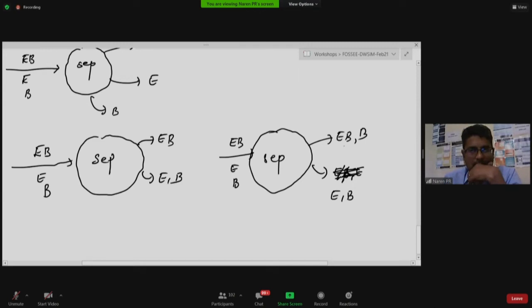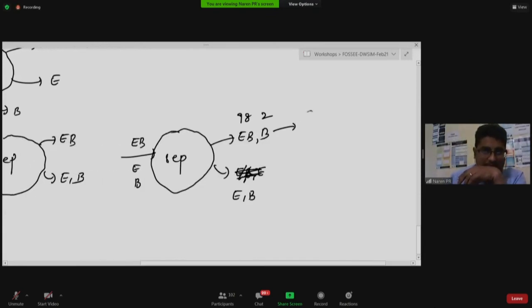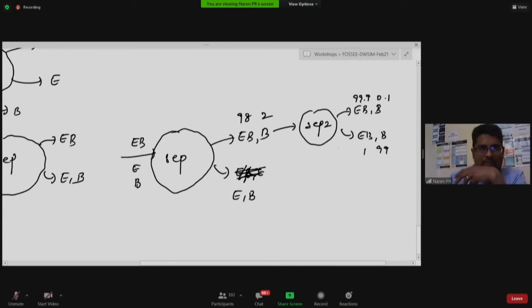Then you need to know how much benzene is there and here, because it does not matter that you have separated every ethyl benzene. What if this is still 98% and this is 2%? Still you can't sell it, because this still has to go to another separator, maybe a separator 2. If you have ethyl benzene and benzene here at 99.9 and 0.1, and whatever it is here, this could be probably 99 and 1%, and this is okay. This is our product.